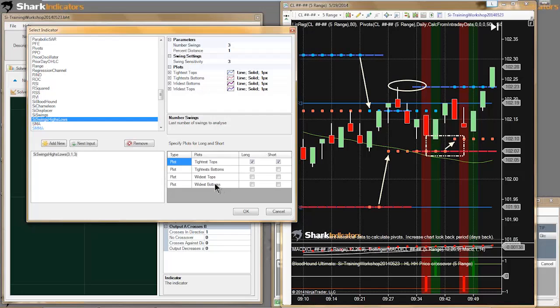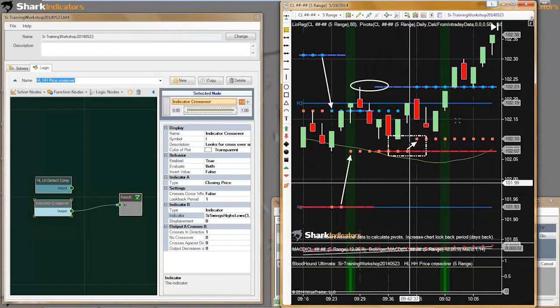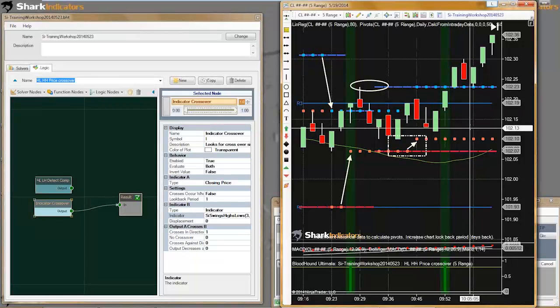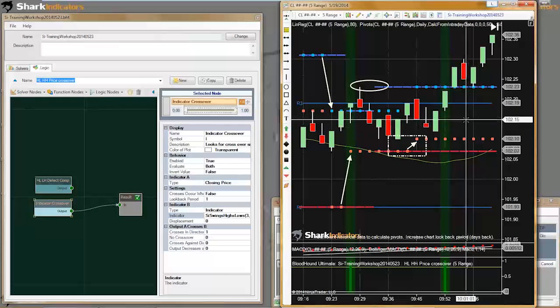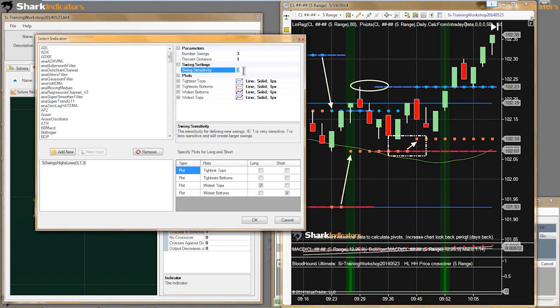We're using the highest highs, which are basically the widest tops. The darker blue hash line is the widest tops plot, and the darker red hash line is the widest bottoms. So there we go. I didn't change that. There we go.